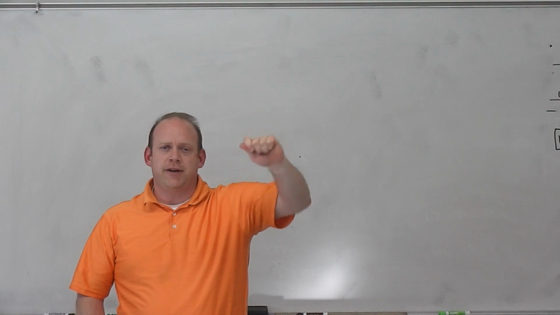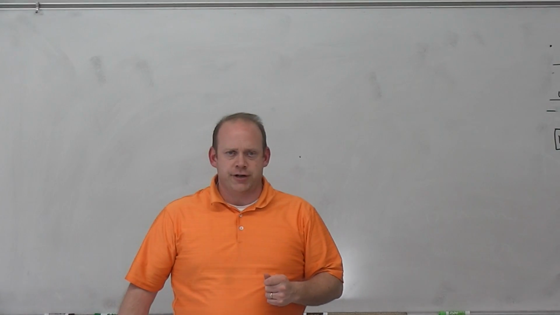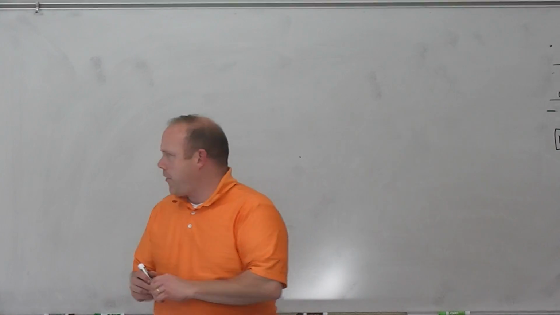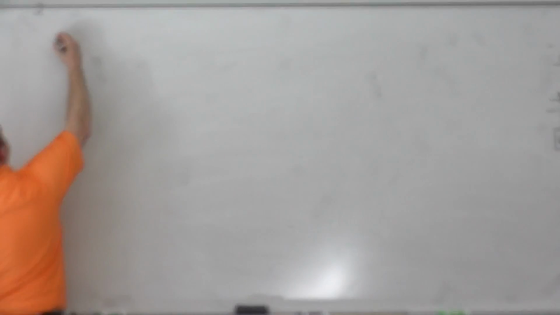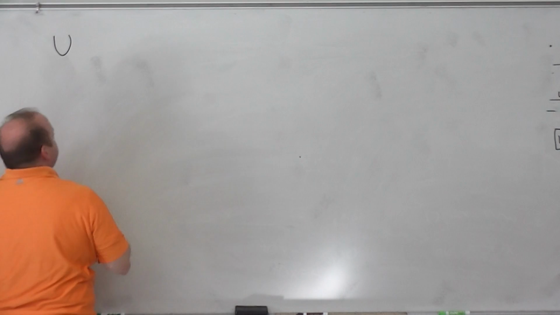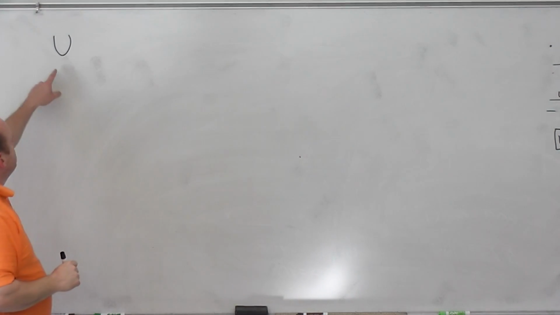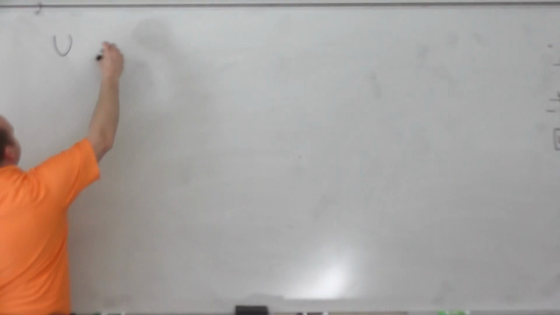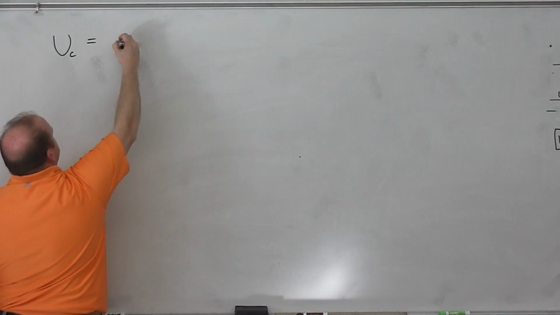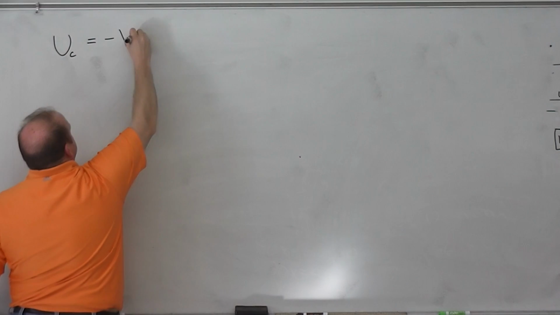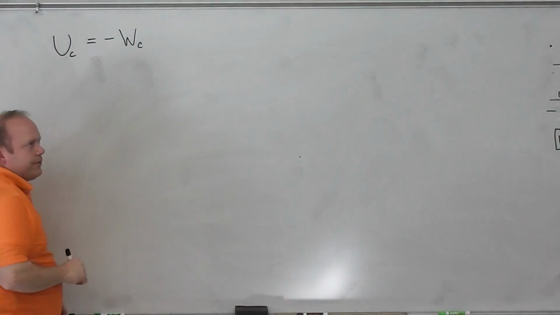Potential energy, what we call gravitational potential energy, is increasing. It turns out that the way that we account for this is, and we're going to start using U, potential energy by a conservative force is equal to negative the work done by that conservative force.